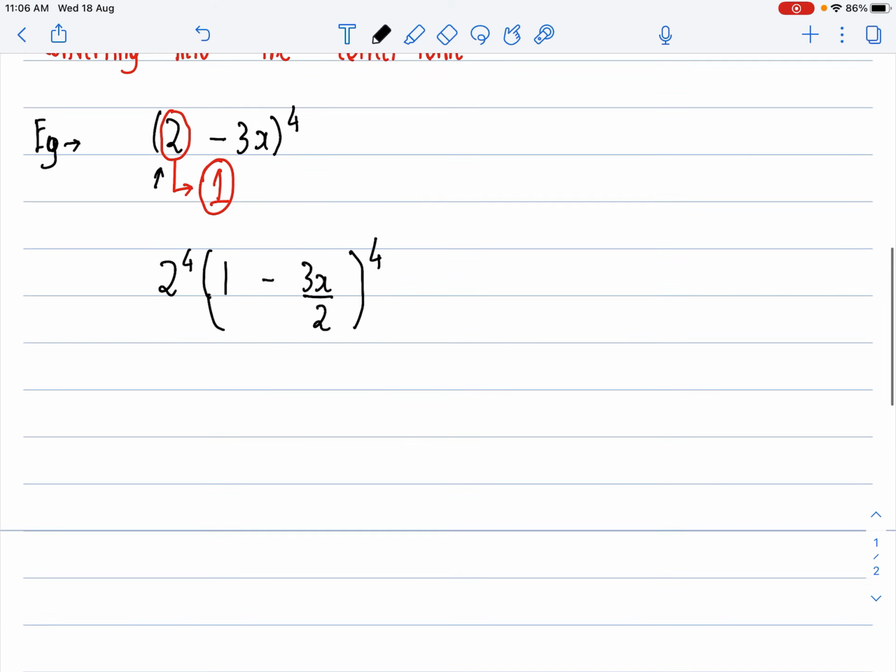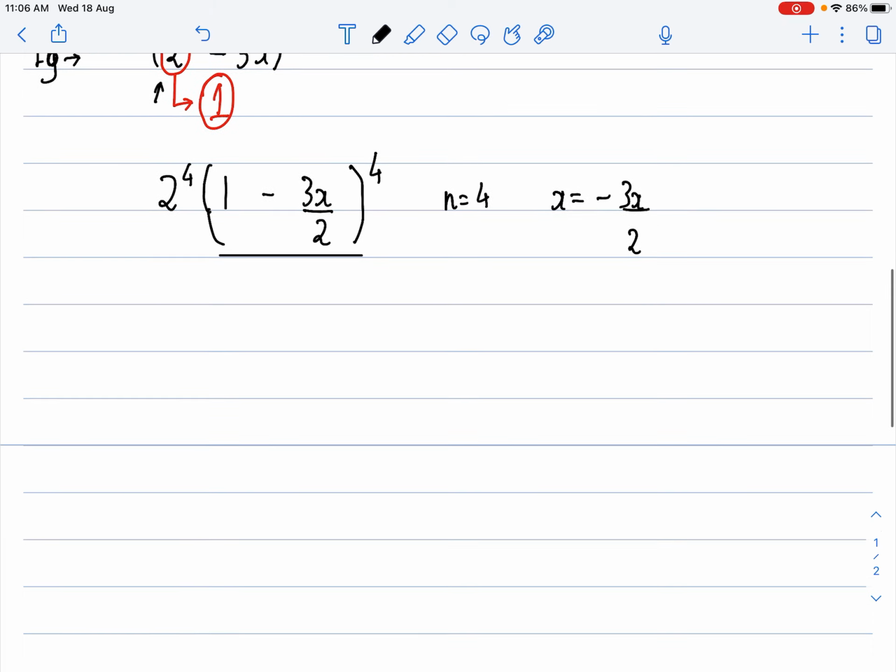Now you know that this is the perfect form which you needed. So now you know your n is equal to 4 here. The x which you have, whenever you have a negative, you take the negative also into account. So you write this as negative 3x over 2. Got it? When it's positive, you only write positive. When it's negative, you take negative.